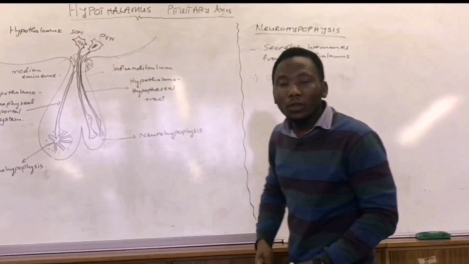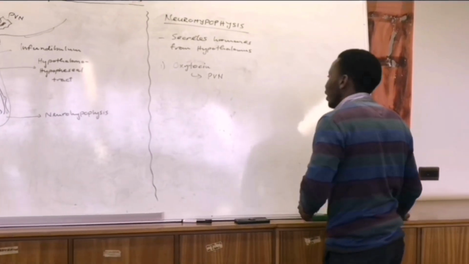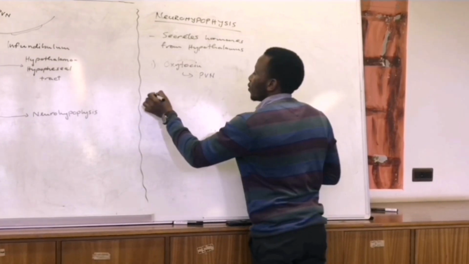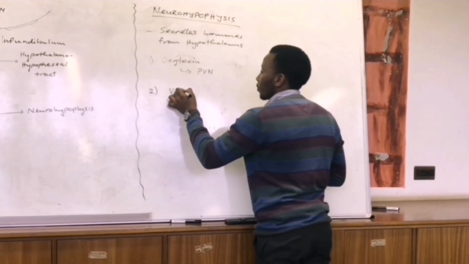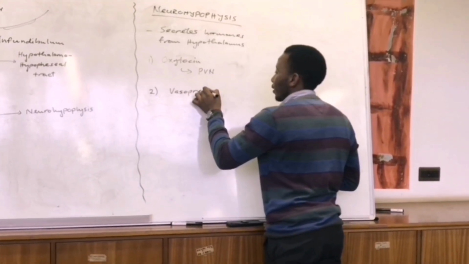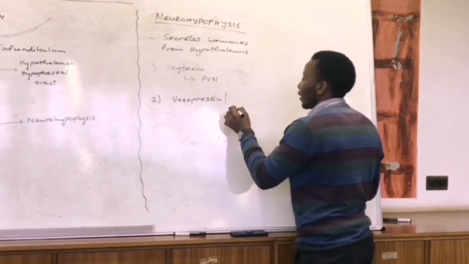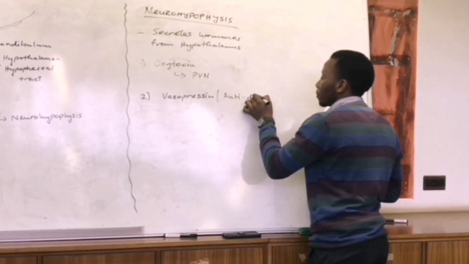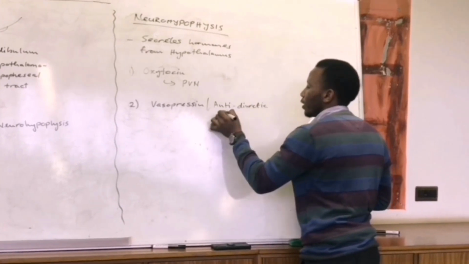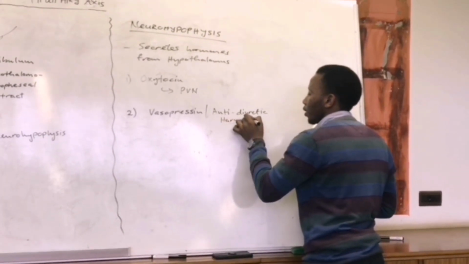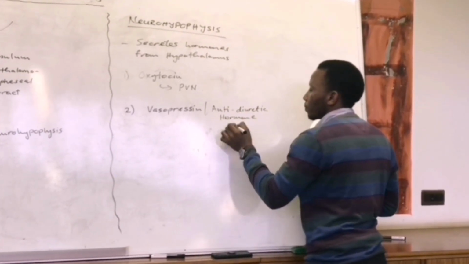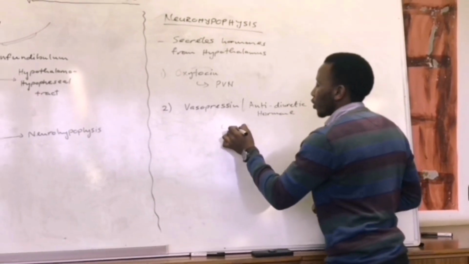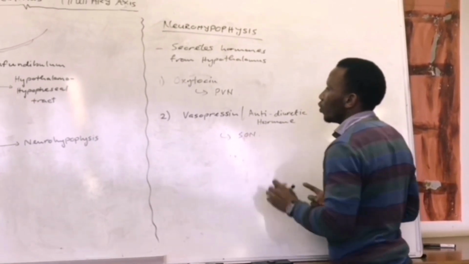The supraoptic nucleus is going to produce another hormone that we call vasopressin. The other name of vasopressin is anti-diuretic hormone. This is produced by your supraoptic nucleus.